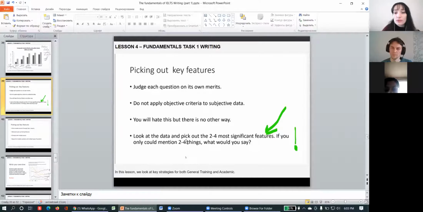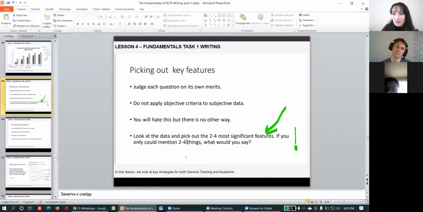Okay, picking out key features. Judge each question on its own merits. This is about each chart can be about a separate thing. Okay, so you can never guess, and you have to try to read whatever, to say whatever you see in it. Do not apply objective criteria to subjective data.